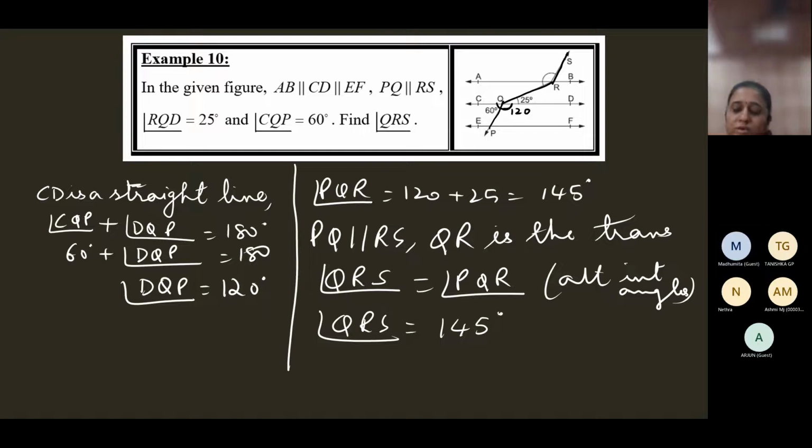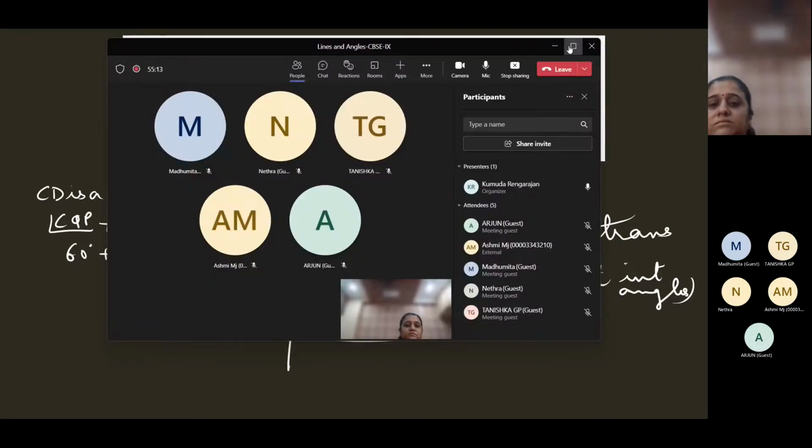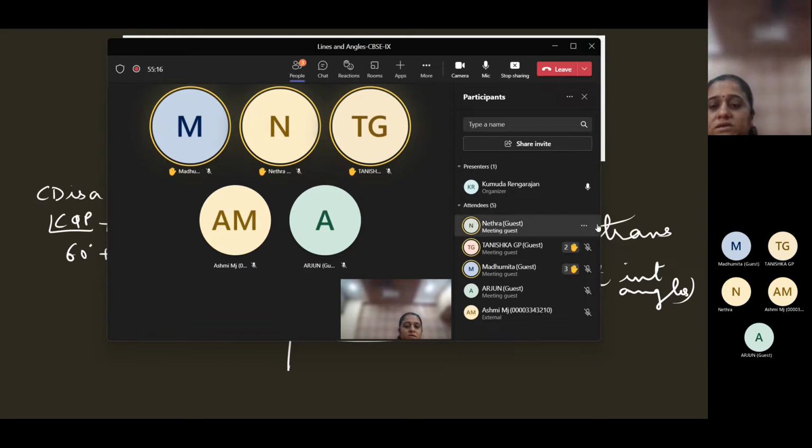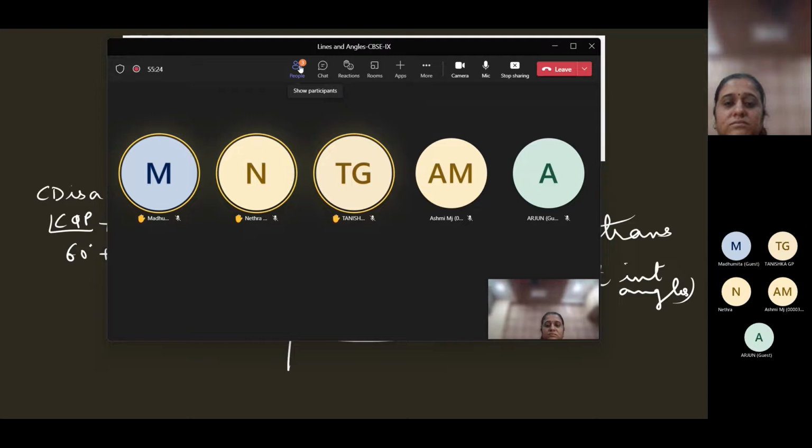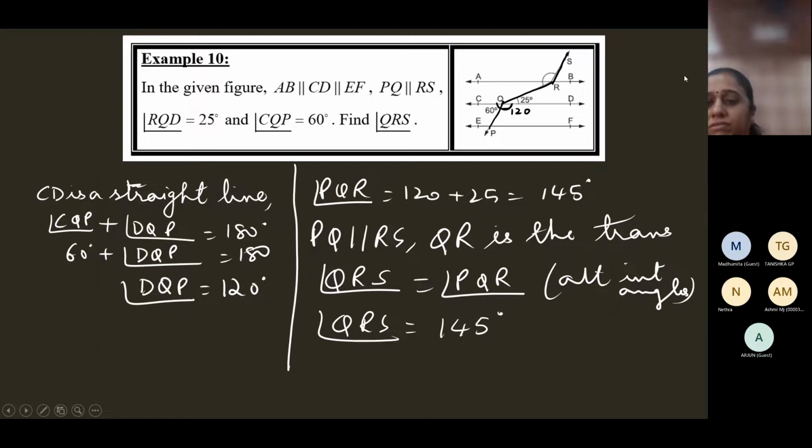One minute, ma'am. Okay. Class, use the emoji. Raise your hand. Netra, Tanishka, Madhumita, Arjun, and Srijana. All right. Yes, children, please continue. Completed, ma'am. Others? Okay.